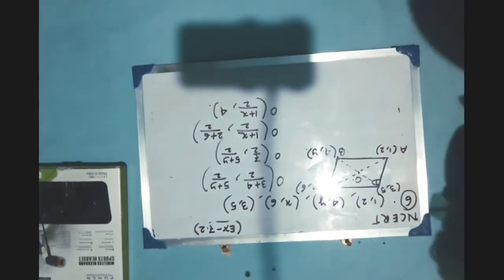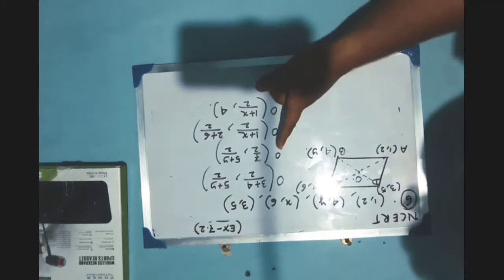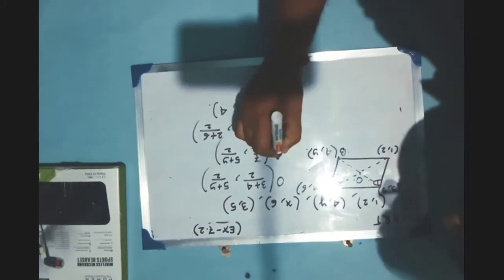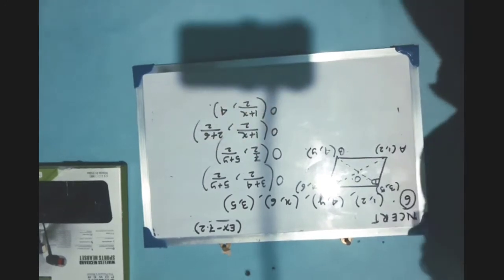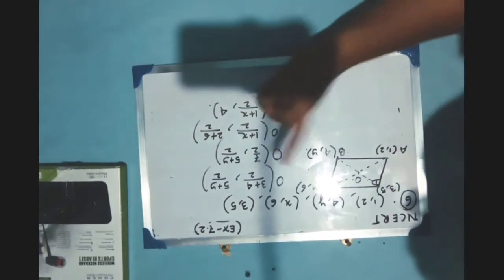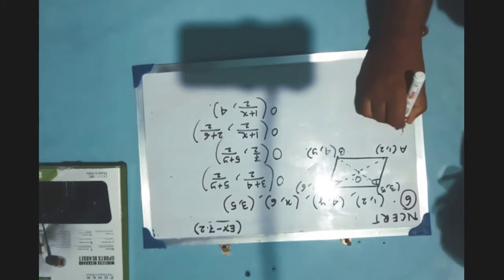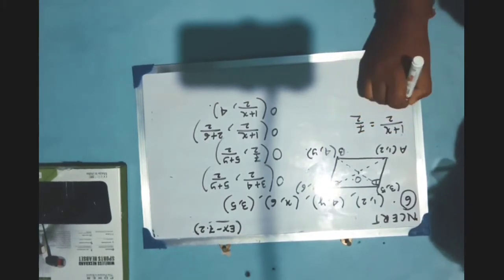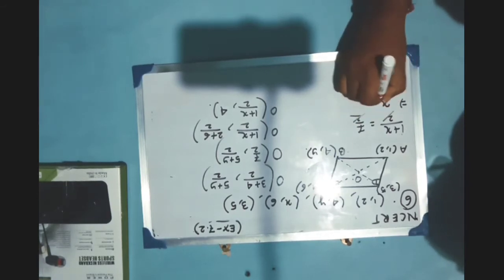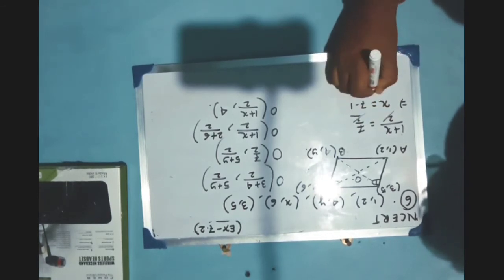Now these two are both the coordinates of O. So we can write that (1 plus x) by 2 is equal to 7 by 2. That means x is equal to 7 minus 1, which is 6.